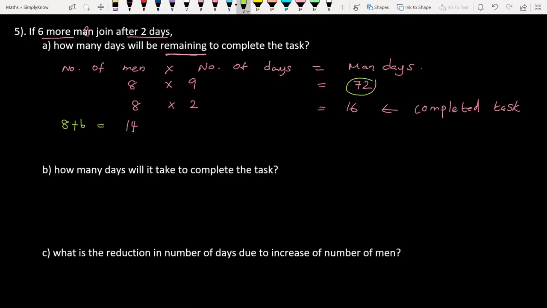So the remaining will become 72 minus 16, it's 56 man days. So this is our remaining task. Now we should find how many days will be remaining. So the days remaining, we don't know. So let's put X. Now again, we find a simple equation.